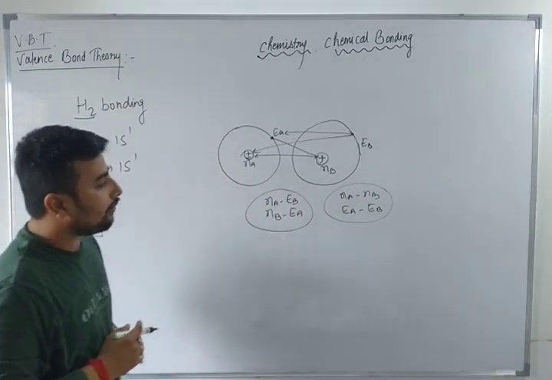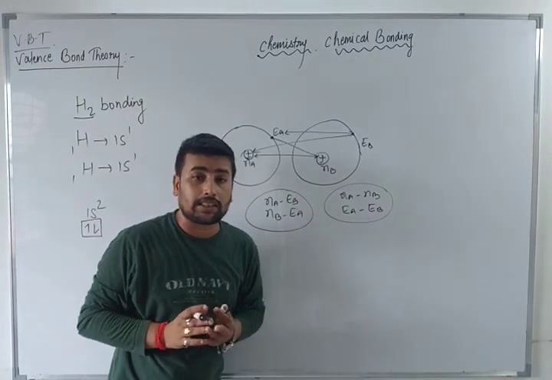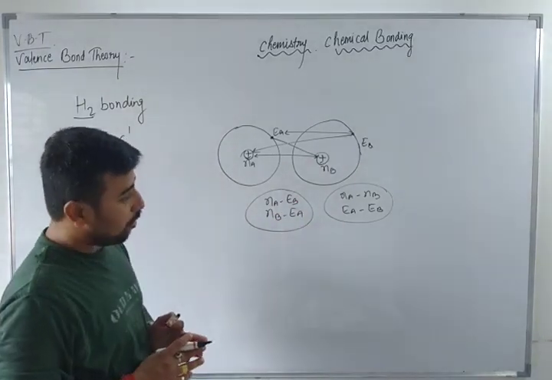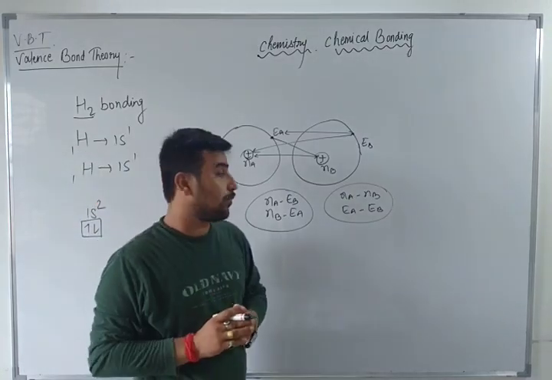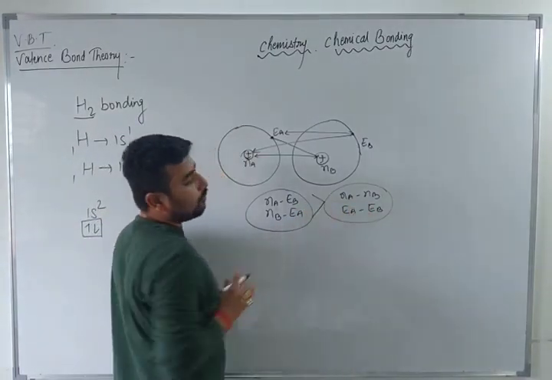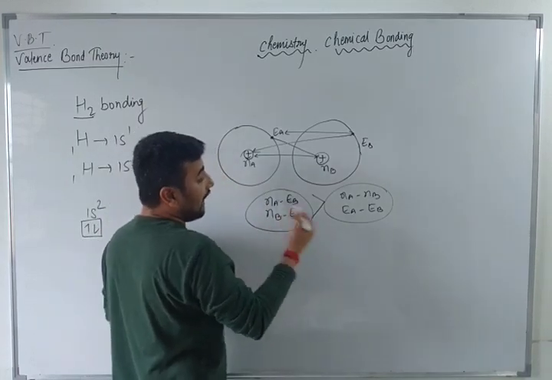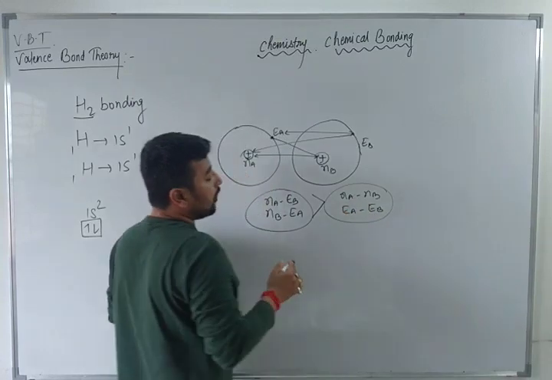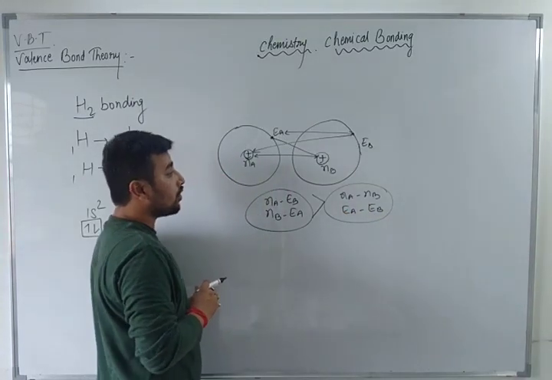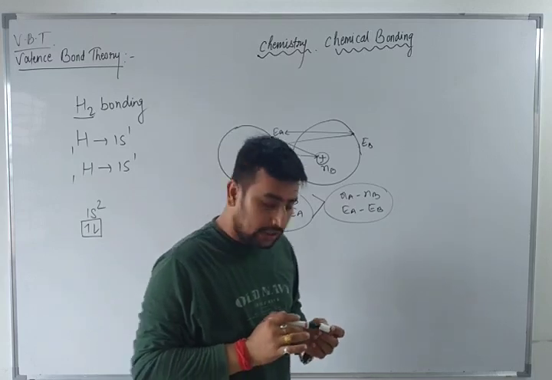Why? Because both nuclei have the same charge, and electrons have the same charge. Now how is this bonding formed? If the nuclear attraction force is greater than the electron repulsion or nuclear repulsion, then only bonding is possible. Otherwise bonding is not possible.